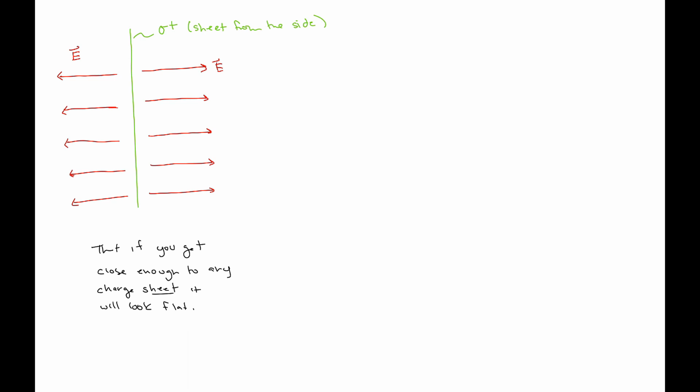If I were to draw a little coordinate system here, I'm going to define x being the direction of the electric field, at least on this side of the sheet, and y is perpendicular to that. I can also draw a graph that describes how the electric field changes with x position. So this is the electric field in the x direction. Of course, the electric field in the other directions is just zero.